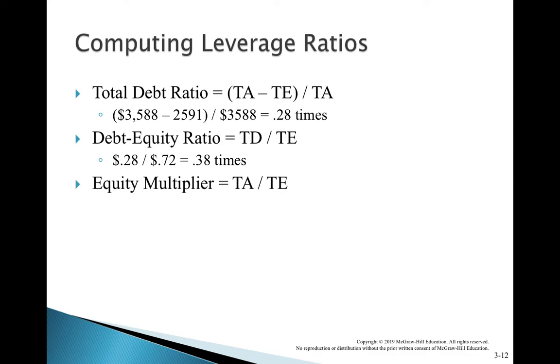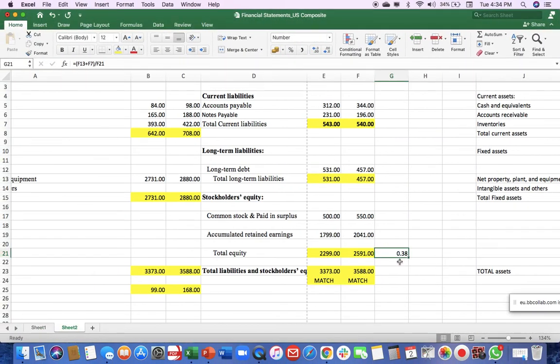Equity multiplier. The straight formula is total asset divided by total equity. Debt equity ratio is calculated here.